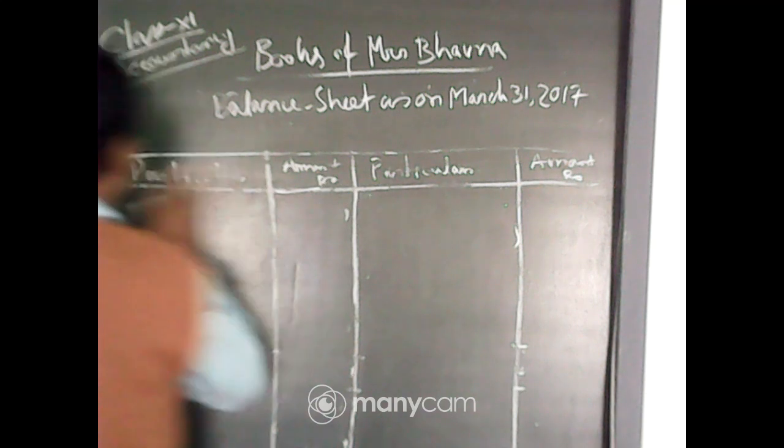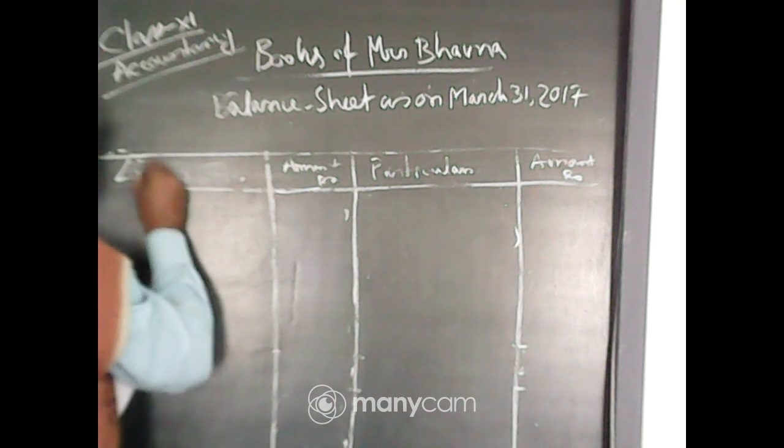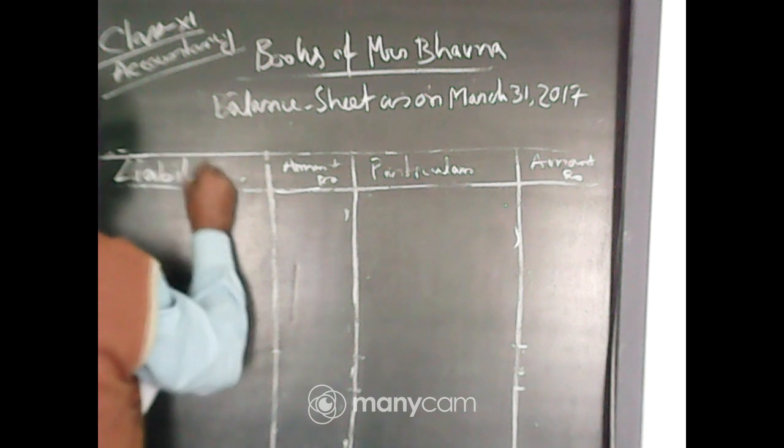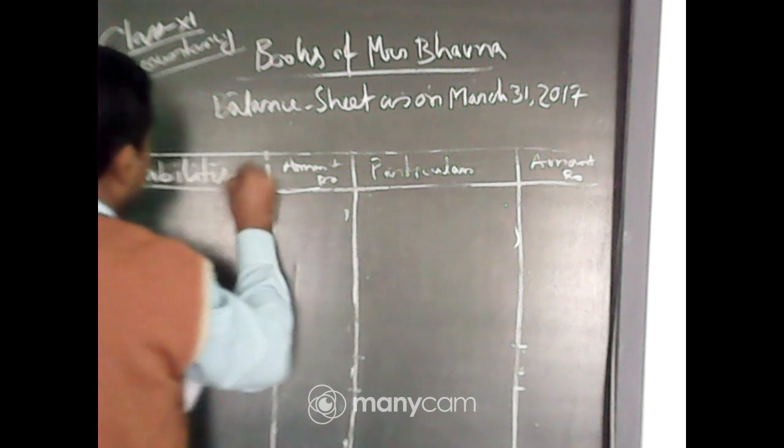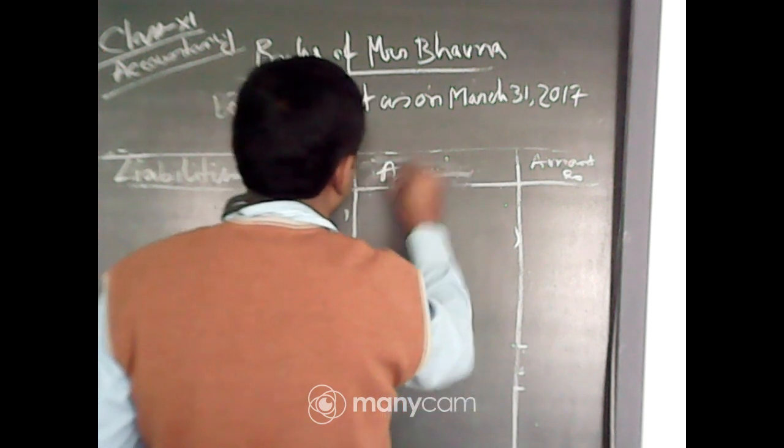So this is not particulars. In balance sheet, you know there are liabilities and assets. On the left side we consider liabilities, and on the right side we consider assets.